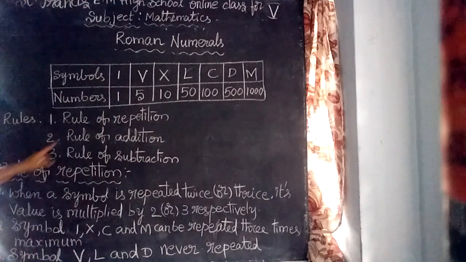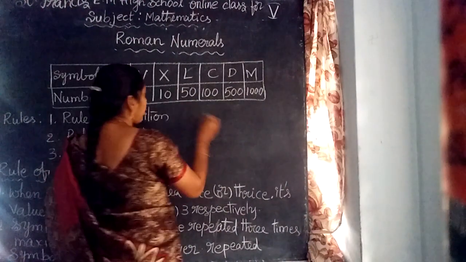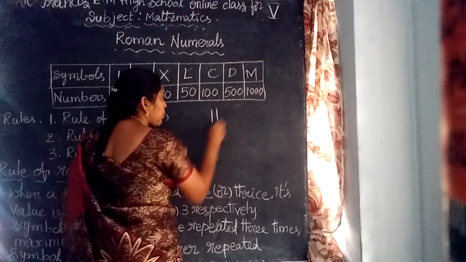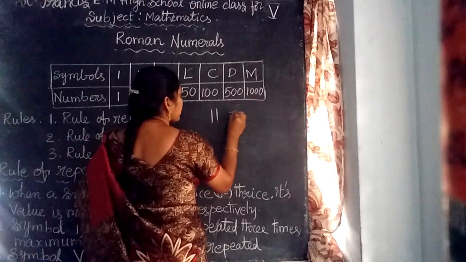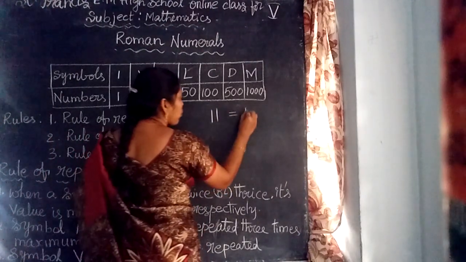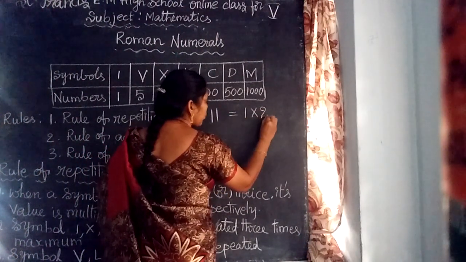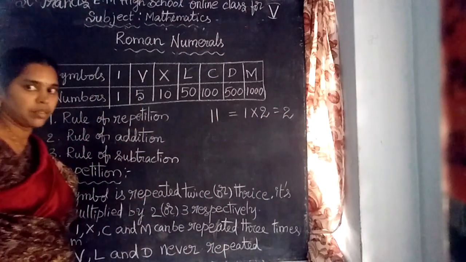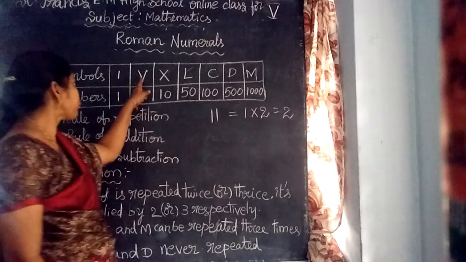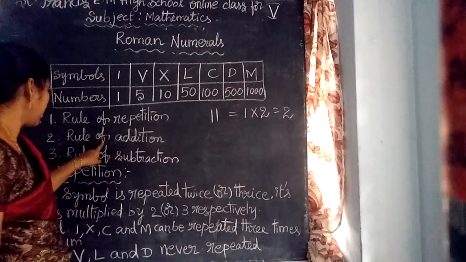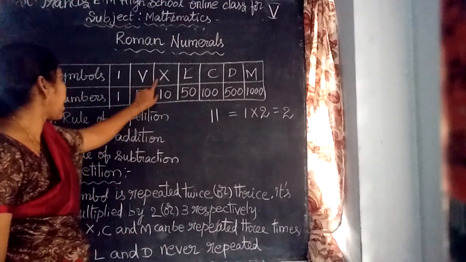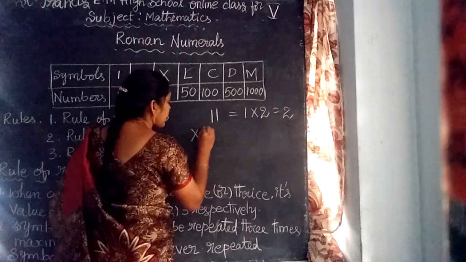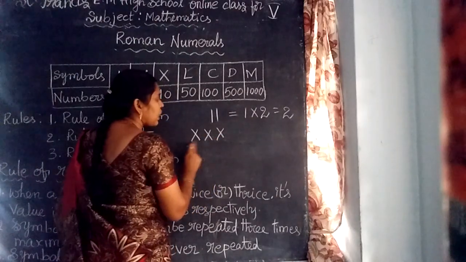That means, suppose I means 1. I is repeated 2 times. So that number 1 you should multiply by 2. 1 twos are 2. That is the meaning. Suppose X is repeated 3 times.